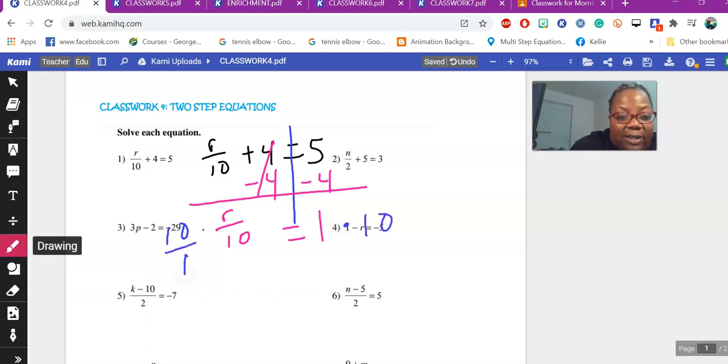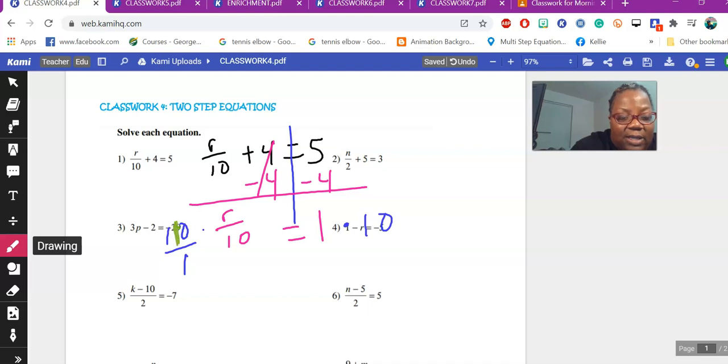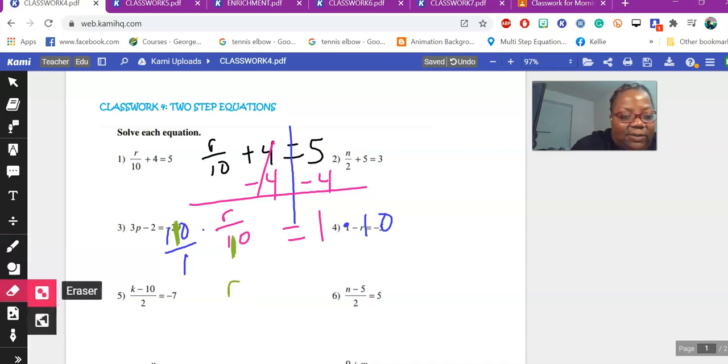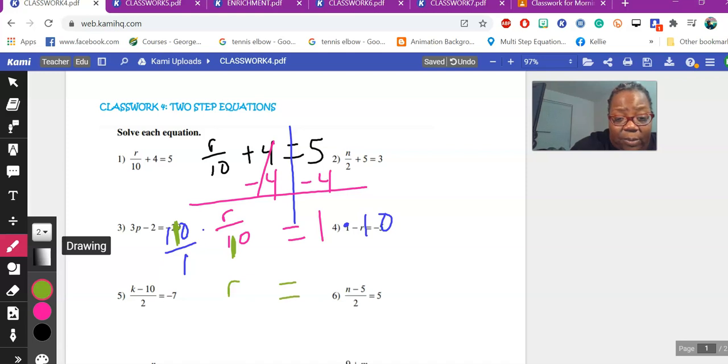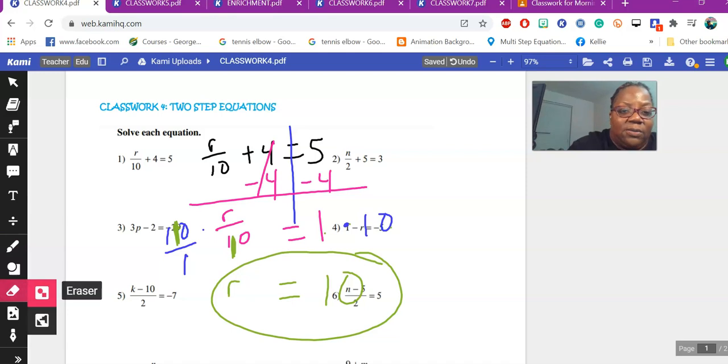So if I multiply here, first I get to cancel. Remember, 10s will cancel to 1s. I will multiply straight across. 1 times r is r. 1 times 1 is 1. Basically, I can just leave it as r, which was the whole point. Bring down my equal sign. 1 times 10 is 10. r equals 10. We're going to try another one that looks just like that. And that's over here at number 2.